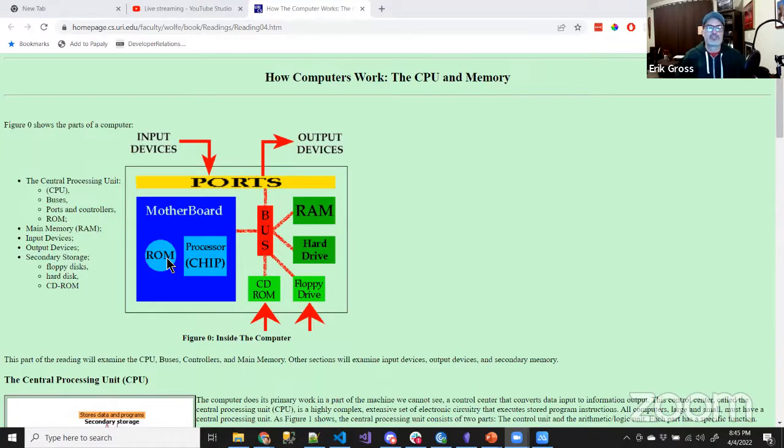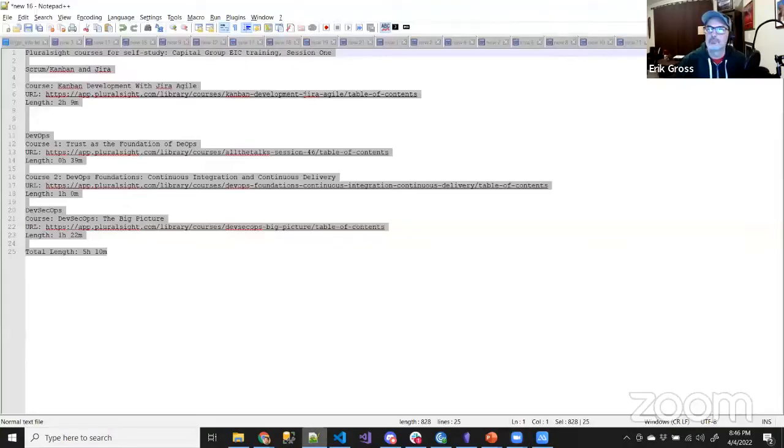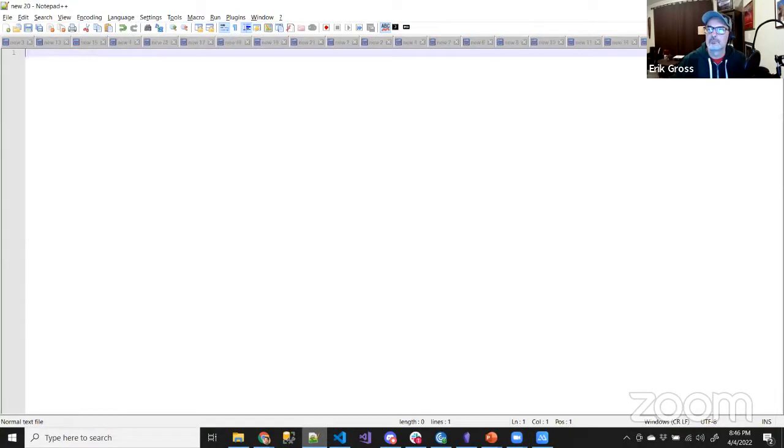Now, there's a specific name for that computer program that is the first program that gets run when you first turn on the computer. Does anybody know what that computer program is called? Anybody ever seen the term BIOS? Well, there's no G in it. BIOS.